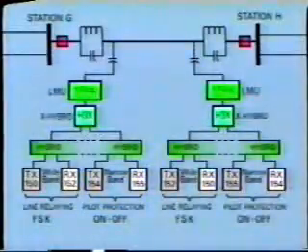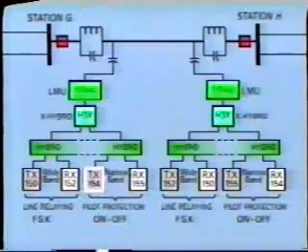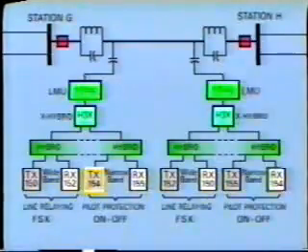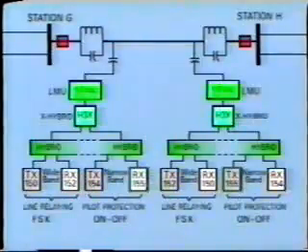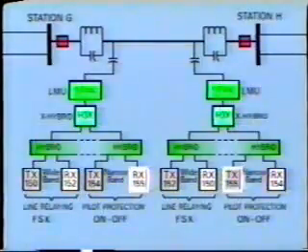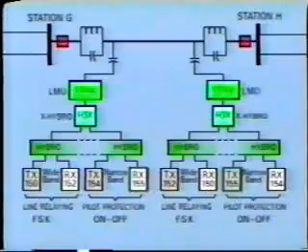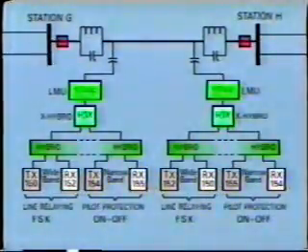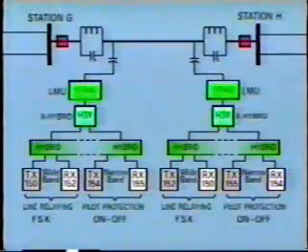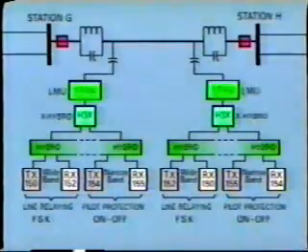Adding this to our schematic, we see the transmitter at station G tuned to 154 kilohertz, as is its corresponding receiver at station H. And for protection in the other direction, the transmitter and receiver are tuned to 155 kilohertz. As before, a hybrid unit is required at each end to reduce signal loss. There may be yet another hybrid connecting the signals from on-off carrier and FSK carrier.